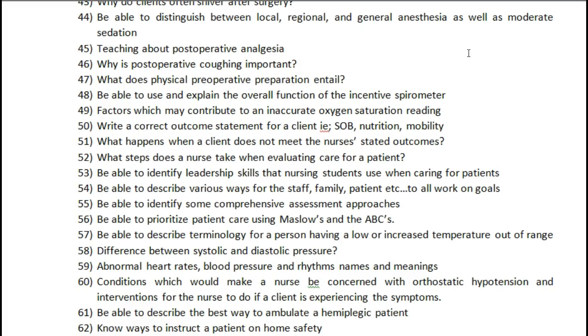Be able to use and explain the overall function of the incentive spirometer. You guys know that it basically expands the lungs, and you blow into it. It facilitates deep breathing and encourages forced inspiration, because you hold it and then you let it go.